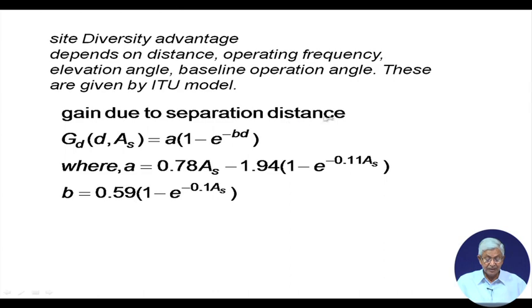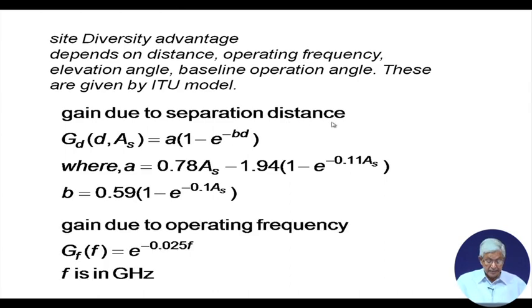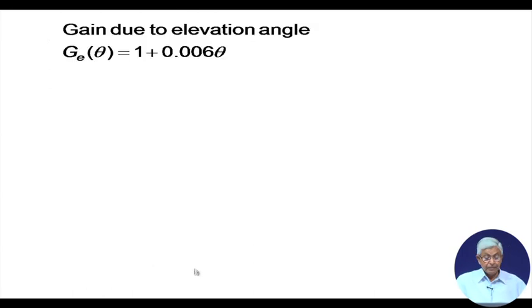Let us see what other gains the ITU gives. The gain due to operating frequency, GF, is e to the power minus 0.025 f, and this f is in gigahertz. In our case f is already given. Then the other gain is due to the elevation angle to the satellite, G theta, where theta is the elevation angle: 1 plus 0.006 theta.